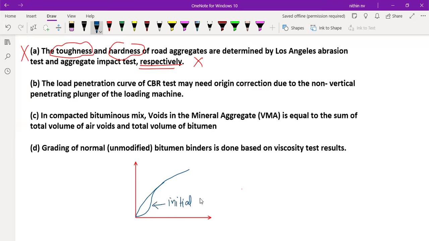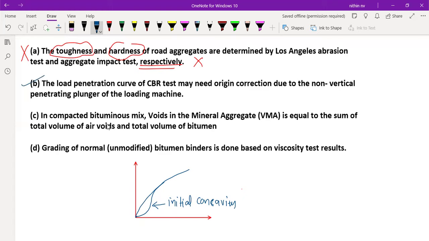In case of the initial concavity, we need to give the origin correction at this point, and then only we'll get the accurate values. So this statement is correct.